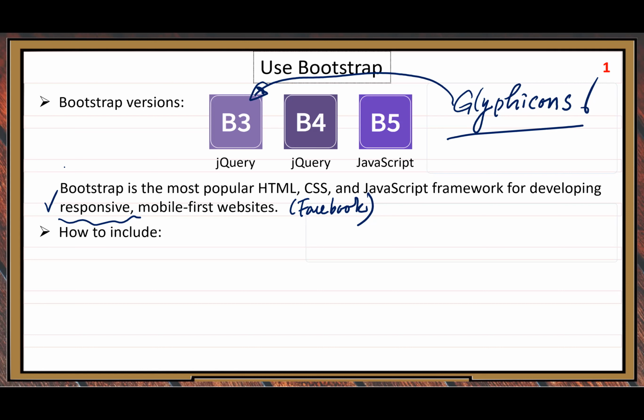How to include it, for us programmers, there are 2 ways. One way, download. But most people use the CDN, similar to jQuery. Most people use the CDN links. But this one needs 3 CDN links, and one of them is jQuery, because in version 3 you need to include jQuery.